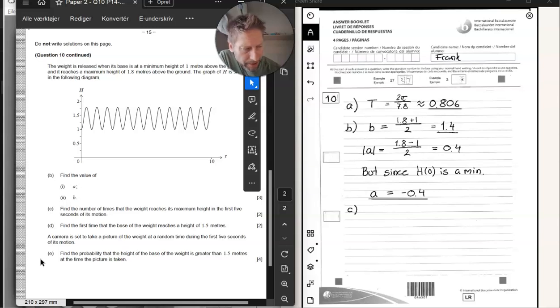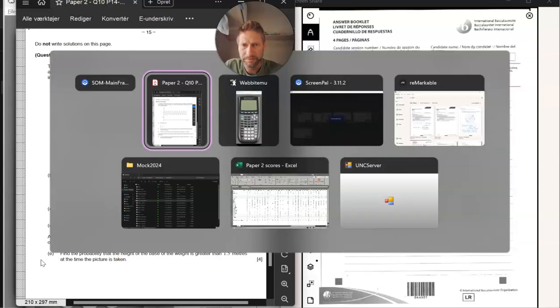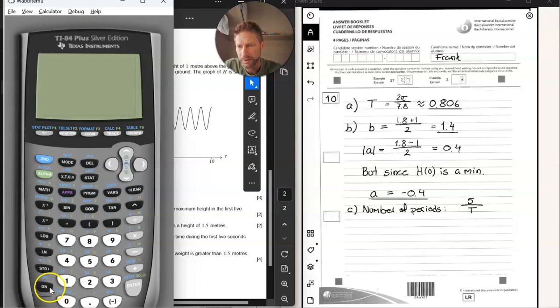So you can calculate that by just saying what is the number of periods by taking 5 and dividing with the period. And for that, we of course pull up the calculator and we say 5 divided with 0.806. That gives us approximately 6.20.